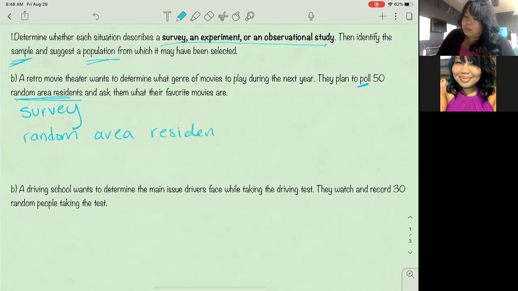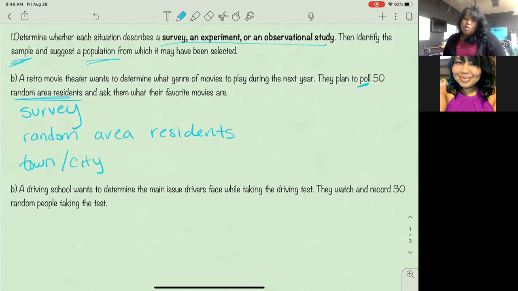And it's probably wanting to find out from that town or city so that they know, right? Because theaters can only play a certain amount of movies, and they want to make sure that you're coming to these movies, so they have to be strategic about this, hence the statistics that they're looking for.